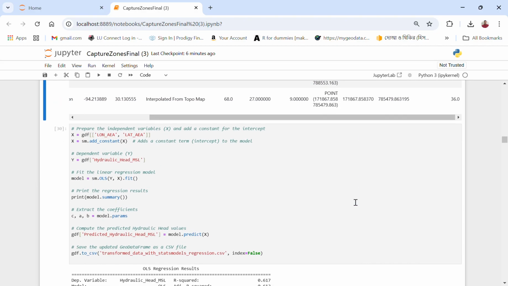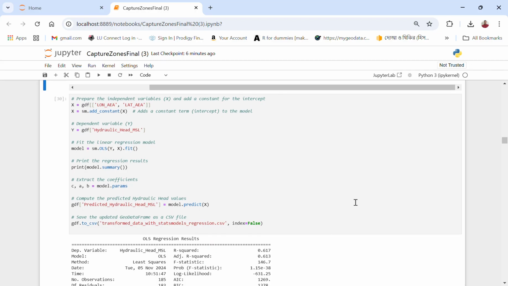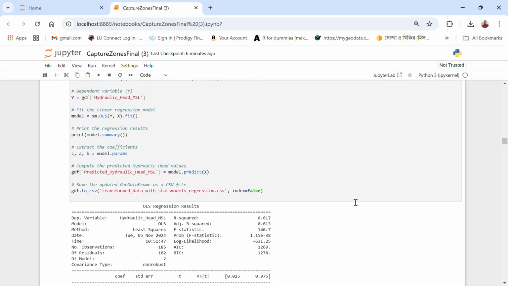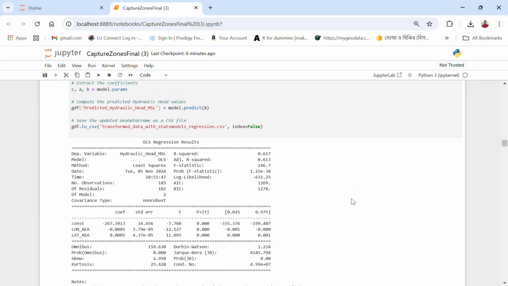After that I calculated the gradient from our regression.